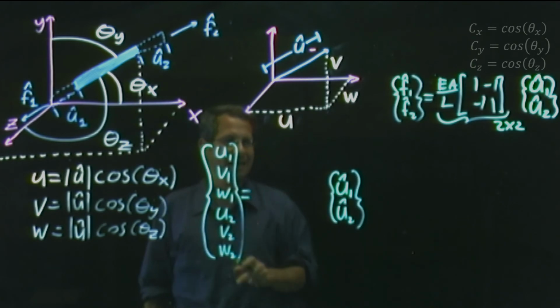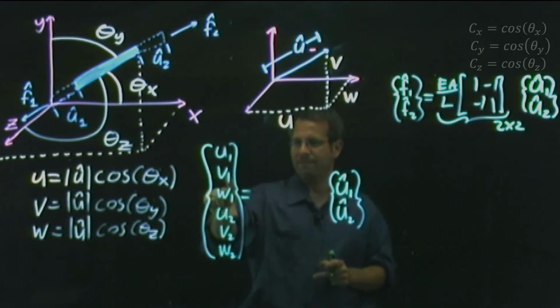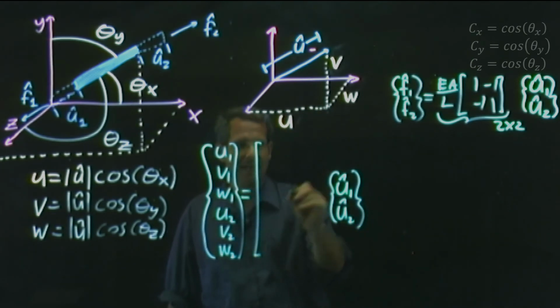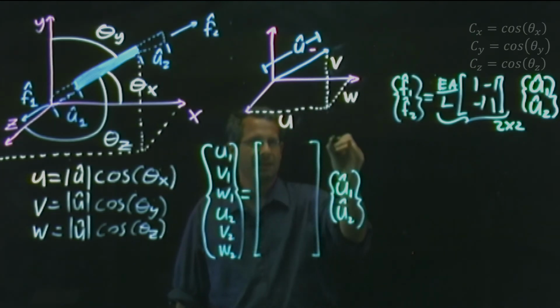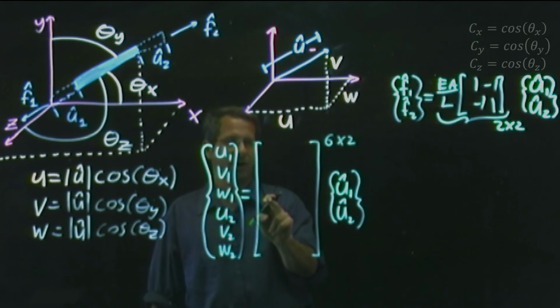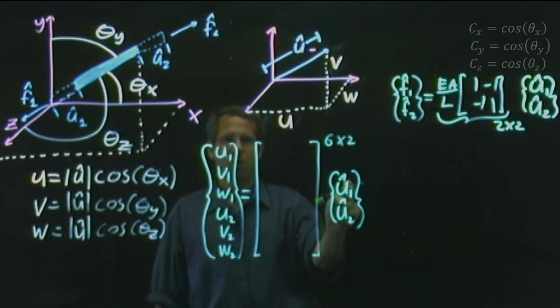I can get this vector from this vector simply by defining this 6 by 2 matrix, where the elements along here, which will get multiplied by u1 hat, are cx, cy, cz.